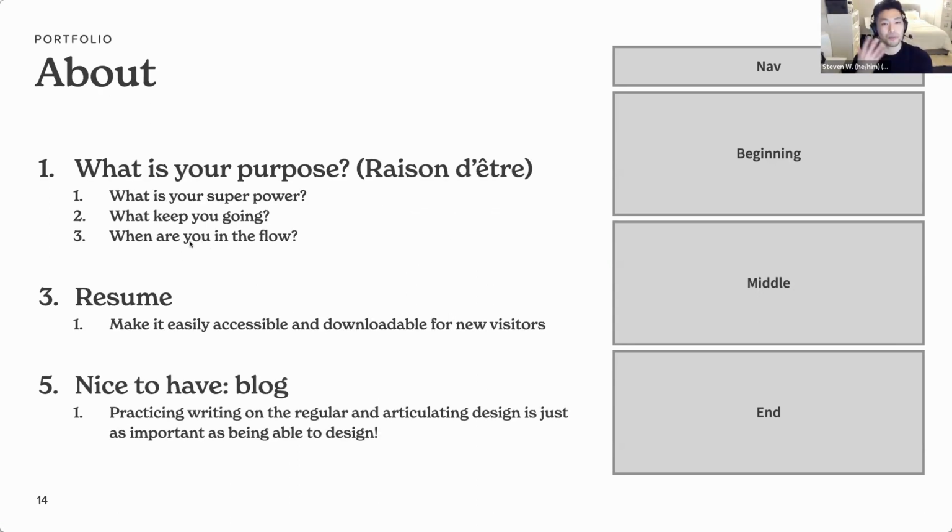And then also another opportunity is the about page of your portfolio, talking a little bit about your purpose, what is your superpower? And why I want to point this out too is sometimes, especially for us when we've pivoted from a different industry, this is really important: these are all a part of your superpower, right? And sometimes the system doesn't want us to come in with a different background.